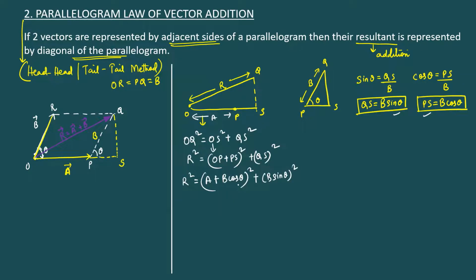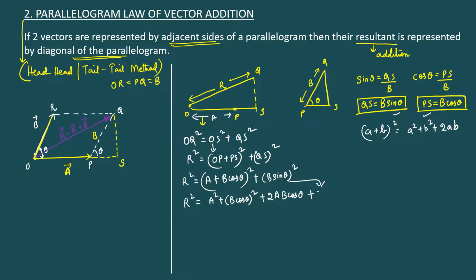What is the value of A plus B the whole square? I'm just using this identity: A plus B the whole square is equal to A squared plus B squared plus 2AB. Instead of B, we have B cos theta. So it is A square plus B square cos square theta plus 2AB cos theta. And one more is there, B sine theta the whole square.